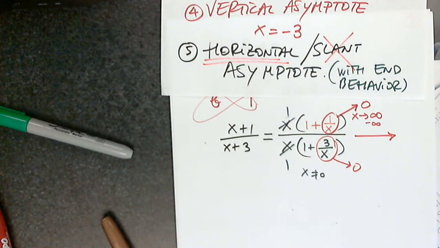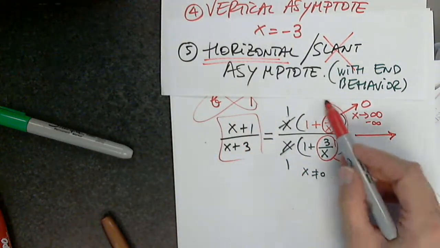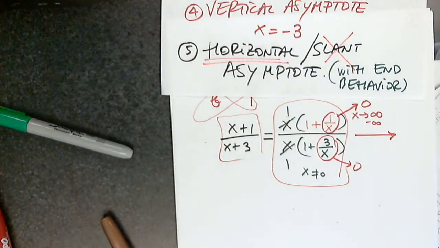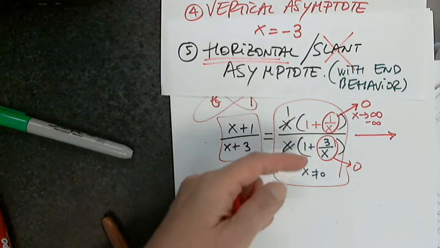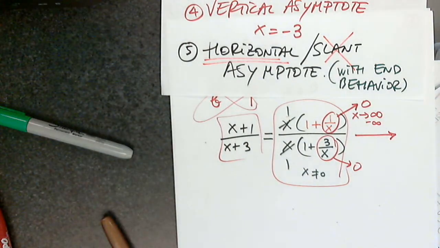So then what does this whole thing approach? This whole expression, as x approaches infinity? I have 1 plus 0 at the top, and I have 1 plus 0 at the bottom. So what number will this approach? 1.